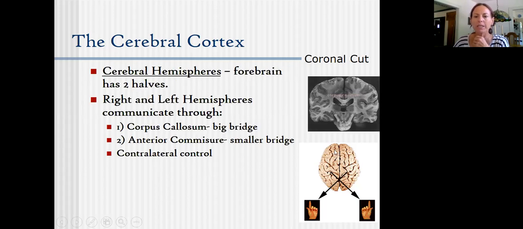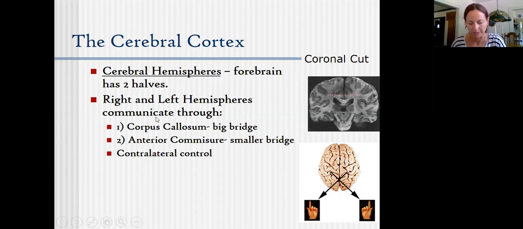There's a big long line in between them, and that's called the longitudinal fissure. We'll get to that a little bit later on. It divides the cerebral hemispheres. And you know that we have contralateral control, so the right side of our brain controls the left side of our body and vice versa.